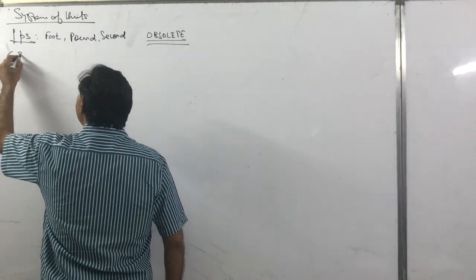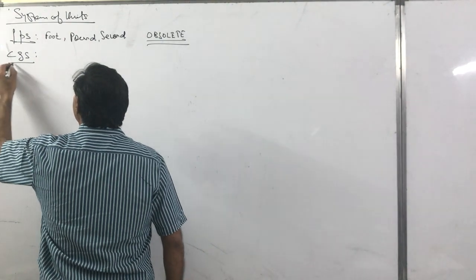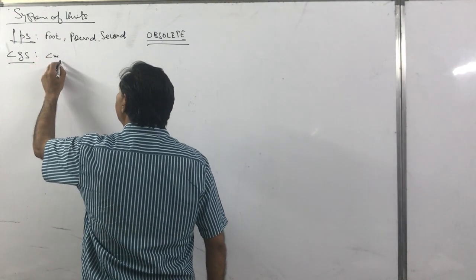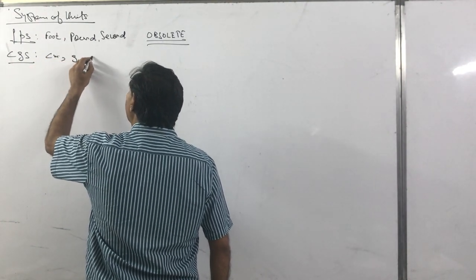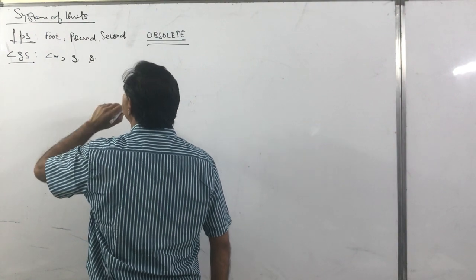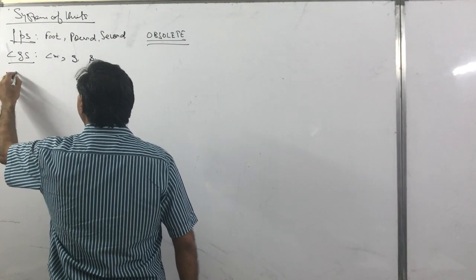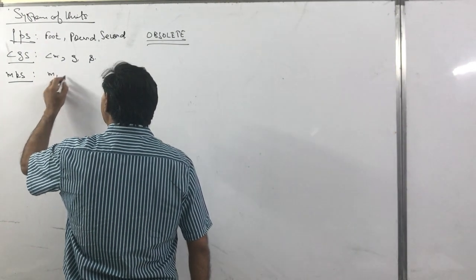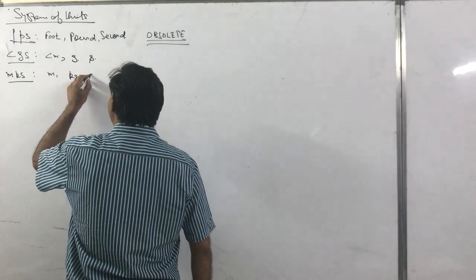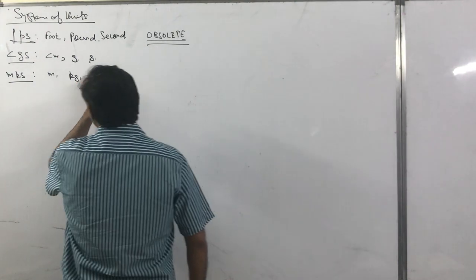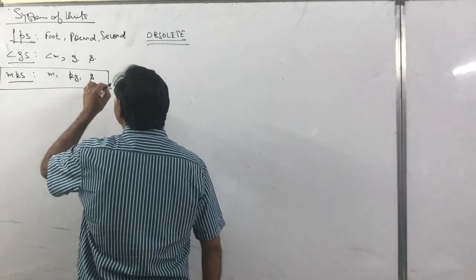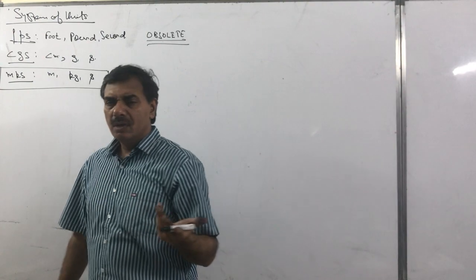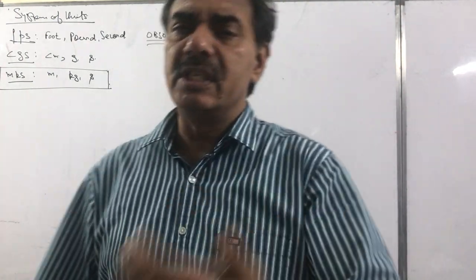Then we have the CGS, which is the centimeter, gram and second system. Then we have MKS, which is meter, kilogram and second. This is the system which is prevalent. CGS is also used, but we know how to convert CGS into MKS.